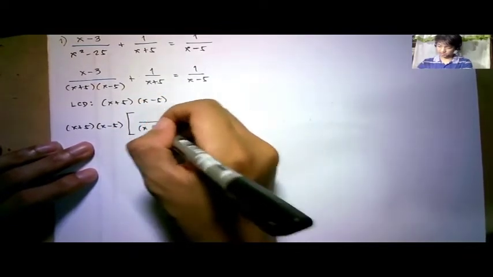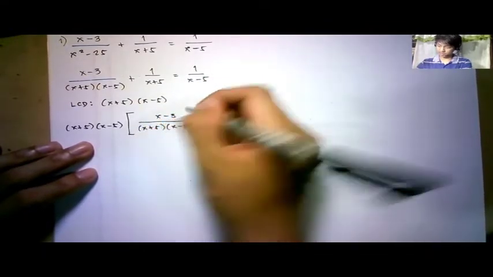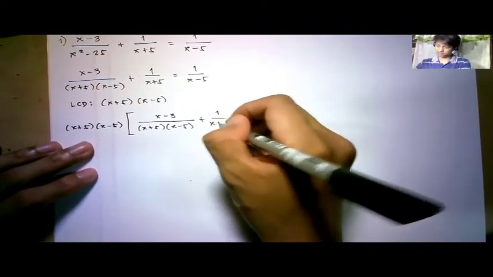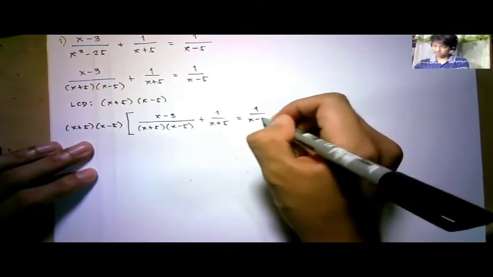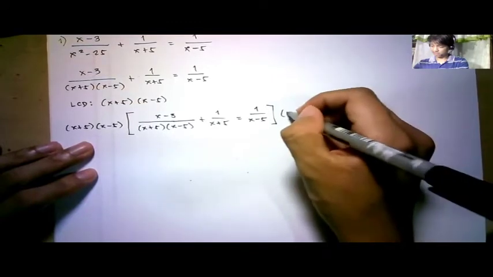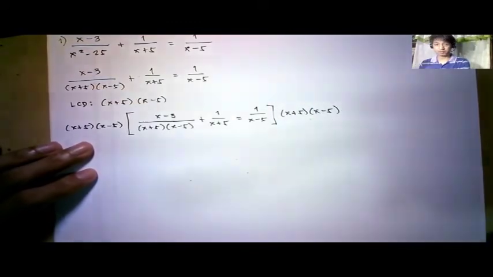So x plus 5 times the quantity x minus 5, times x minus 3 plus 1 over x plus 5 is equal to 1 over x minus 5 multiplied by x plus 5 times the quantity x minus 5. Okay?